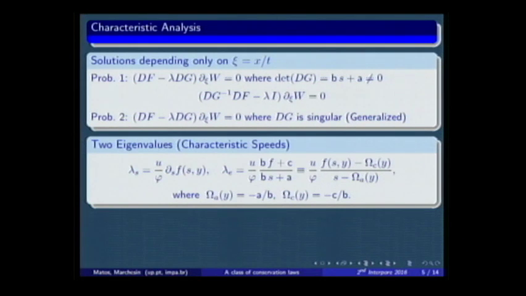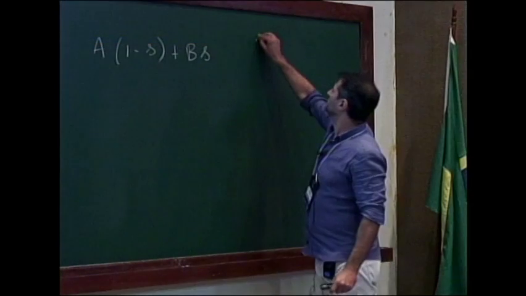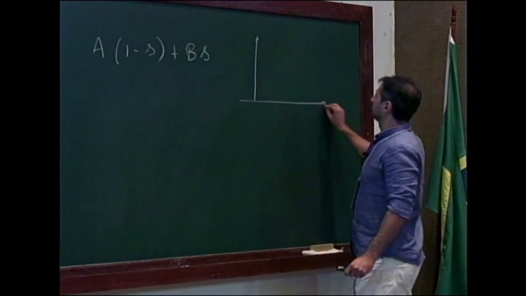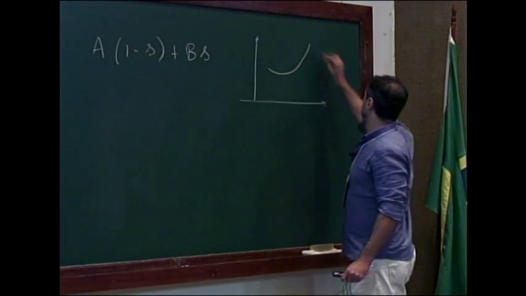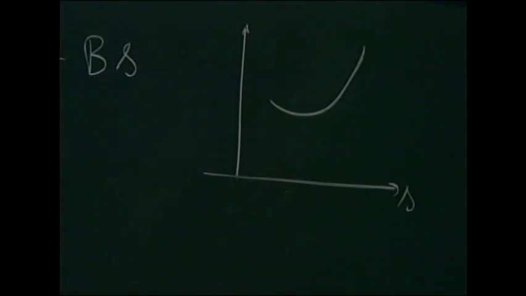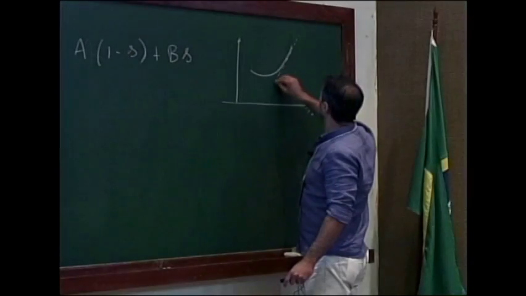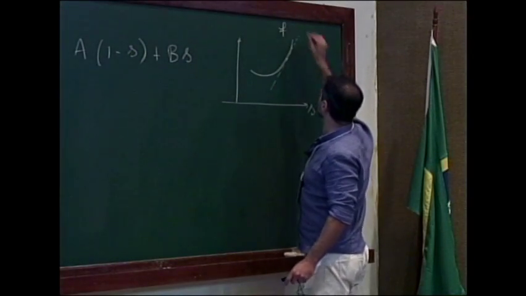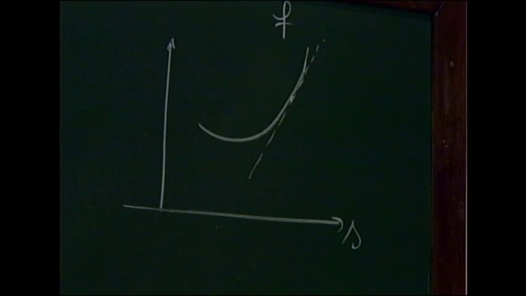If we wish, you can transform this in this equation, and we have a nice interpretation for the eigenvalues. If we keep y constant, one of the eigenvalues is the derivative of our function f, and the other eigenvalue is the slope of a chord.